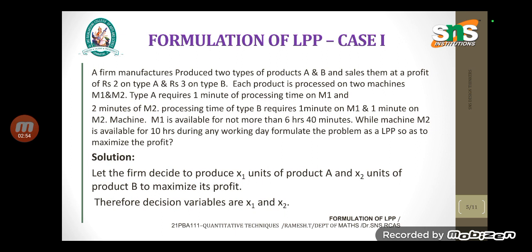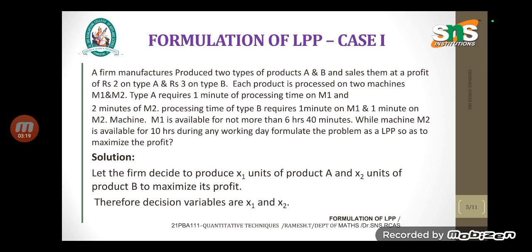Here in this video we have discussed two different case studies. Case 1, the first formulation of LPP. The first problem is: a firm manufactures two types of product, A and B, and sells them at a profit of rupees 2 on type A and rupees 3 on type B. Each product is processed on two machines, M1 and M2.